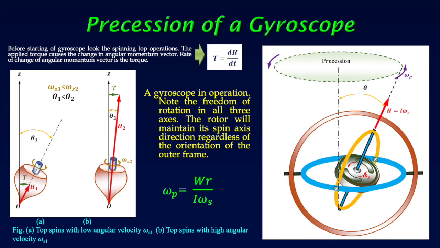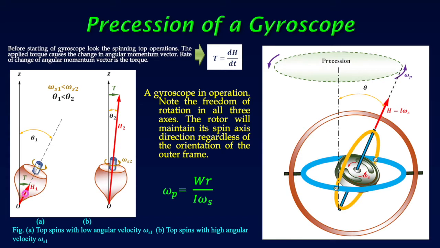Now when the spinning top omega s is very high, it means the angular momentum is also very high. And in this case, spinning omega s is low, so the angular momentum is also small.